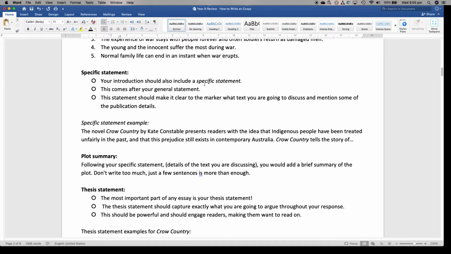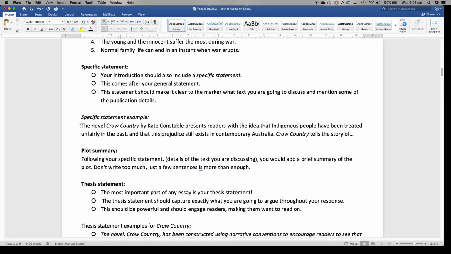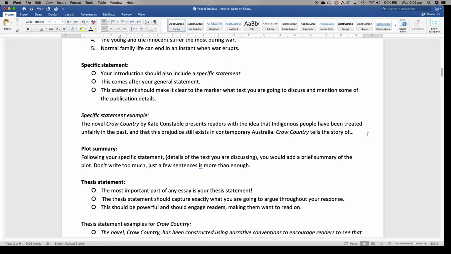You want to integrate it into your paragraph. The example we have here reads, the novel Crow Country by Kate Constable presents readers with the idea that Indigenous people have been treated unfairly in the past, and that this prejudice still exists in contemporary Australia. Crow Country tells the story of. So you can see how here we've got reference to the novel, the title, the author.